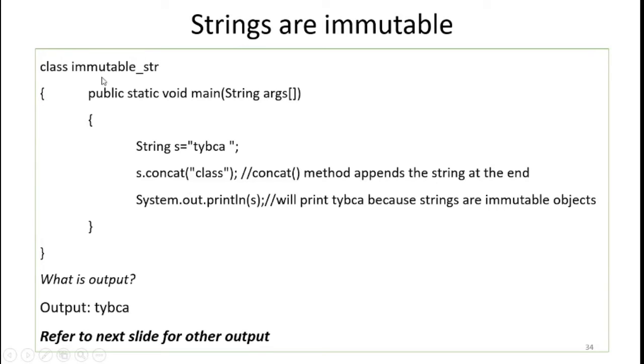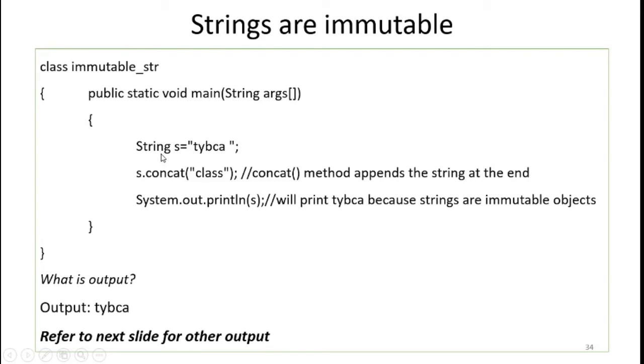Now, here is a class. The class name is ImmutableStr. Then the main function. In the main function, we have declared one string object and it is initialized to the string TYBCA. Kindly note that whenever you declare a variable of type string, that means you are creating an object of the String class.